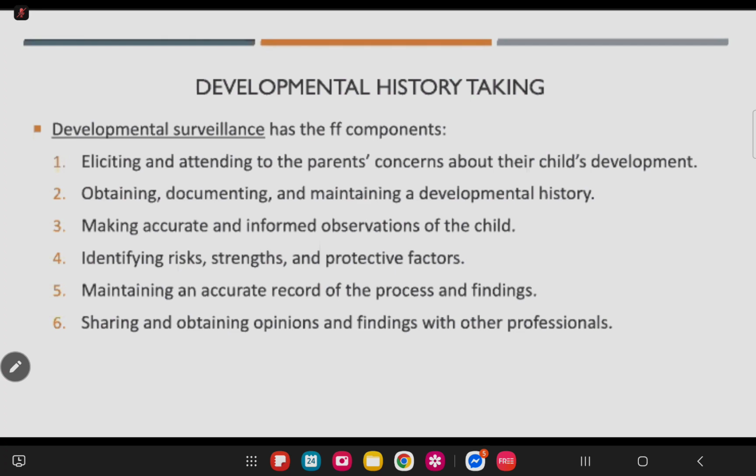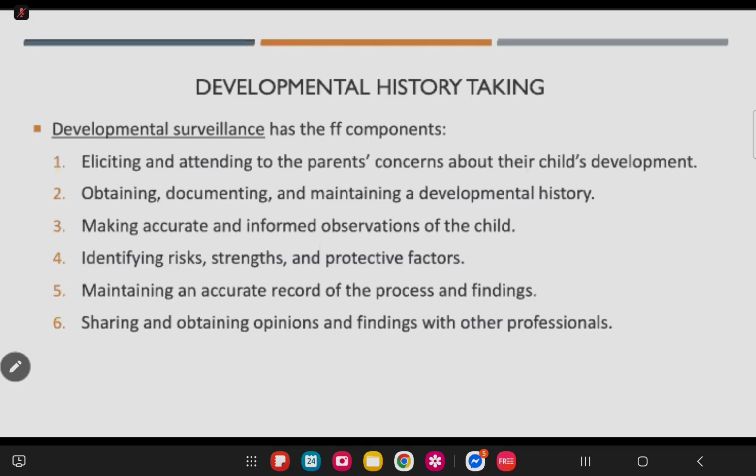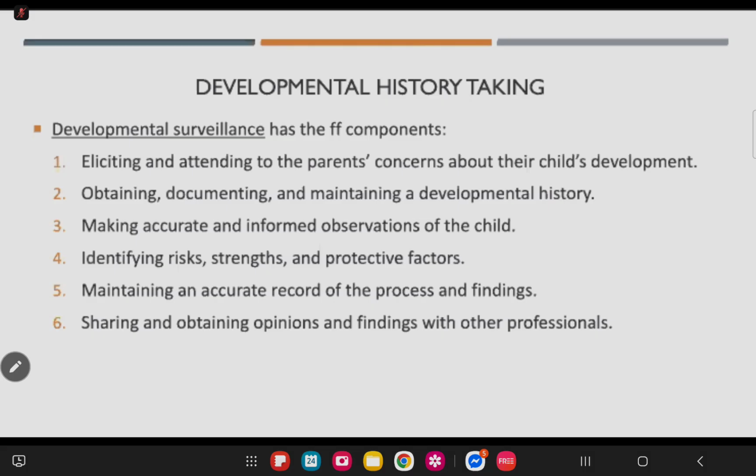Number four, identifying risk, strengths, and protective factors. Take note, not all parents or families are the same. So they may be abusive, protective. If you have parents who are very proactive, sometimes you can see the difference in their child's development.